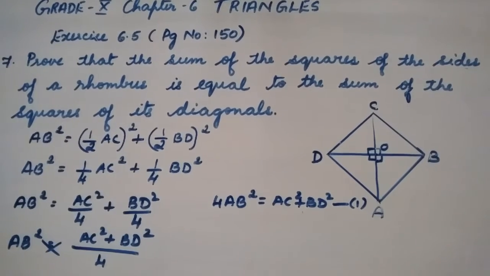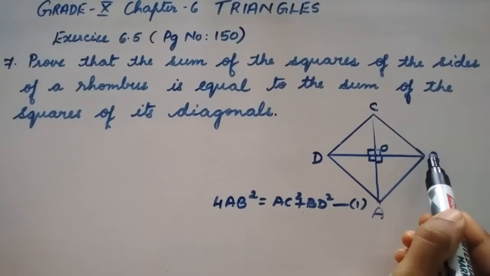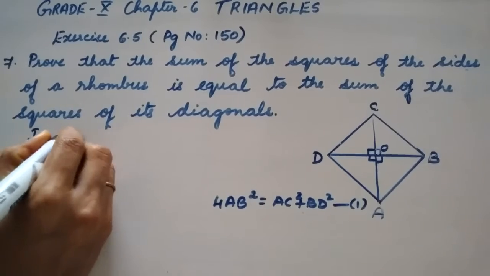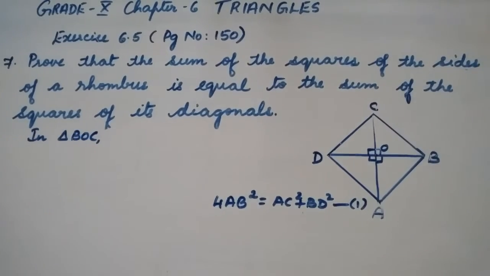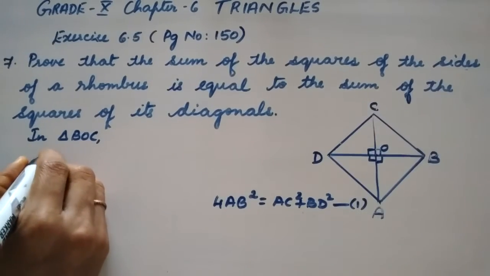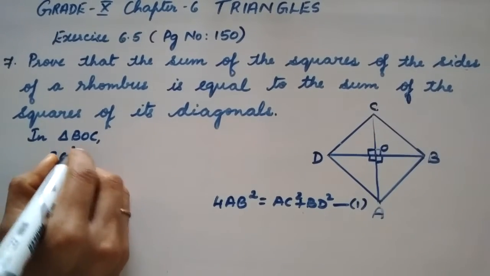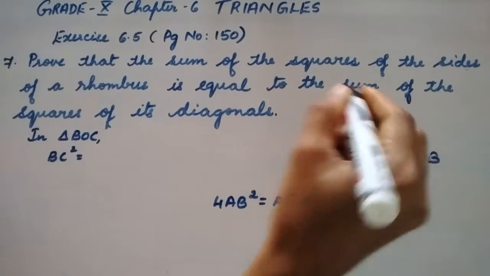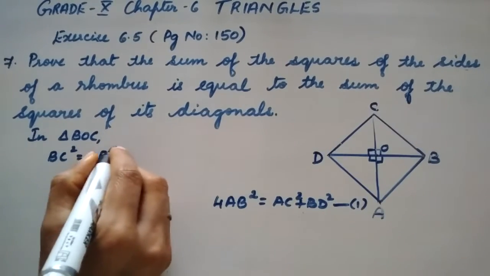Next, in triangle BOC, which is the hypotenuse here? BC, isn't it? So BC square is equal to OB square plus OC square.